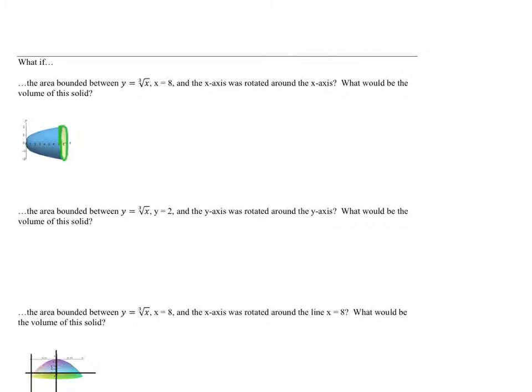Now, there's certain things that you could figure out just by knowledge of geometry. Like if I took a horizontal line and spun it around an axis, it would create a cylinder. If you know the formula for volume of a cylinder, you don't need calculus, right? If I took a line that had a non-zero slope, so not vertical, not horizontal, some line with a slant to it that went through the origin, spun it around the x-axis, you'd create a cone.